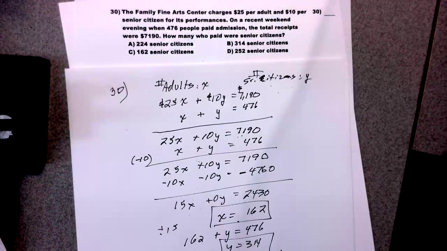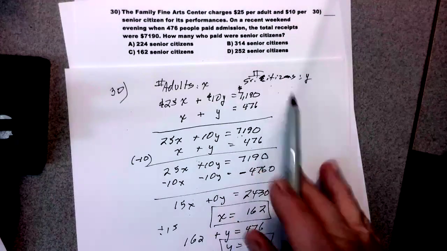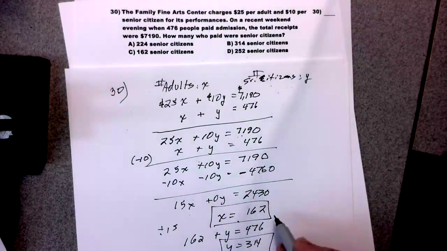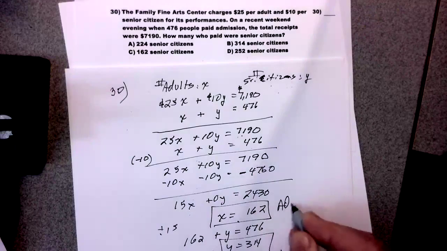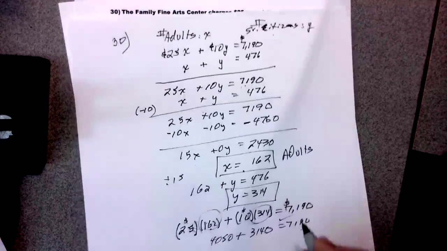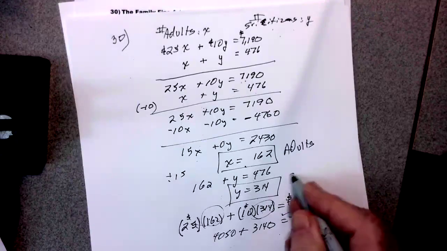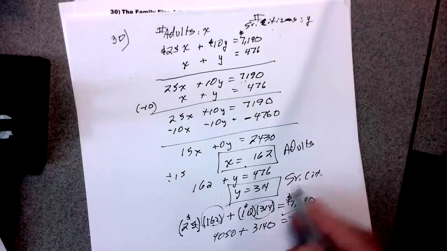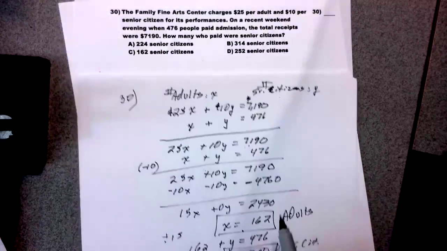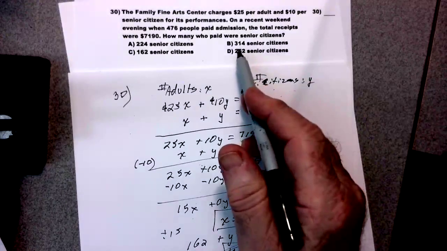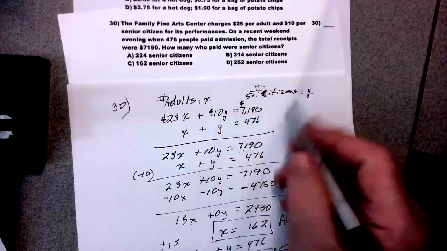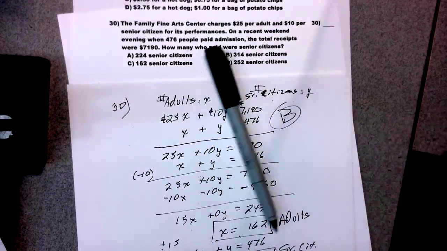They wanted to know just how many senior citizens there were. These were adults, and these were the senior citizens, so 314. The answer to 30 is B.